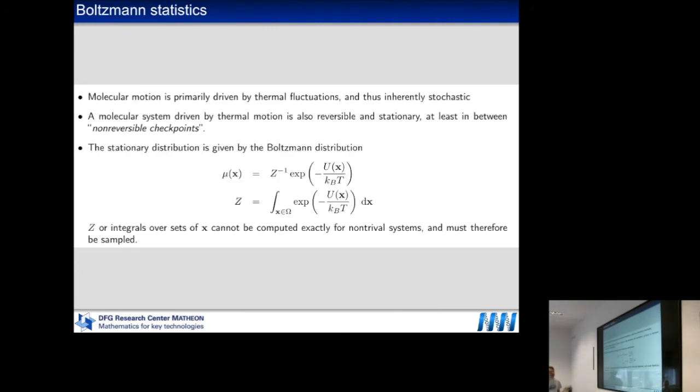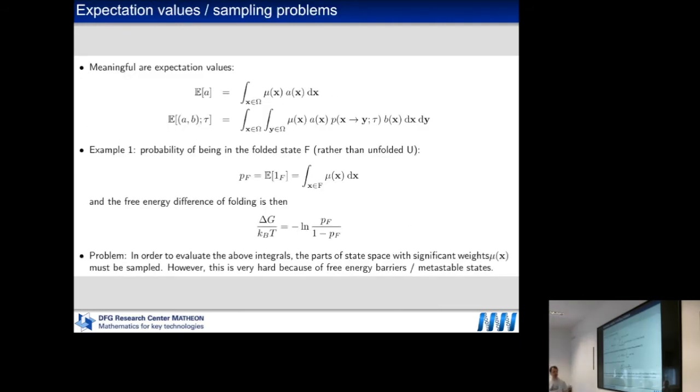Okay, the quantities that we actually want to compute usually are expectation values. Expectation values such as this or this. This is the normal expectation value, such as, for example, the probability of being in a folded state for a protein. If we want to express this, we just take the equilibrium distribution, we multiply it with the value that we are observing, in this case just being in the folded state or not.